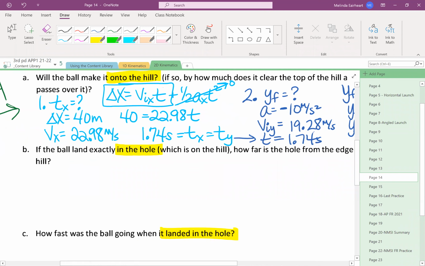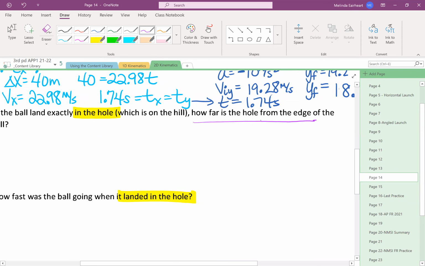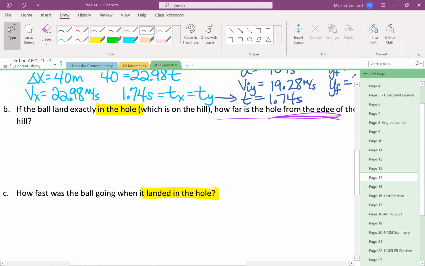B, C, and D all talk about, well, what if it hits the hole, which is on the hill? So now we know the vertical displacement when it lands in the hole. We know it's going to have 10 meters in terms of vertical displacement. But now how far is the hole from the edge of the hill? Not from the golf ball where it was hit. So let me go back to our picture here.